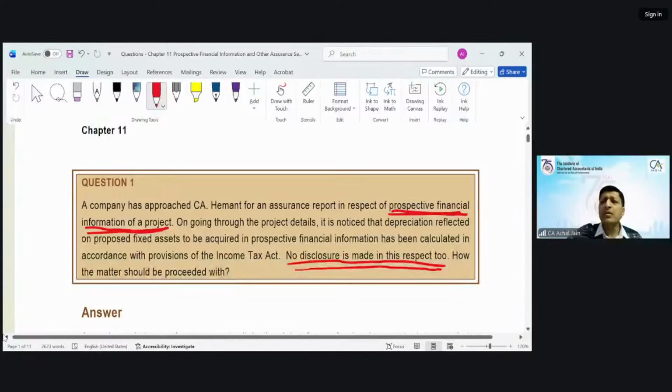We have talked about audit engagements. This is of course not an audit. Even in today's discussion, so far we have talked about prospective financial information, pro forma financial information. Generally, what happens in the exam is there is some sort of confusion amongst these different types of engagements.